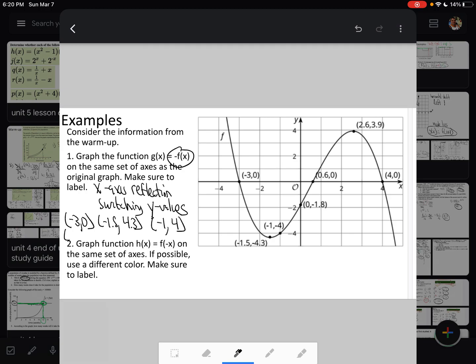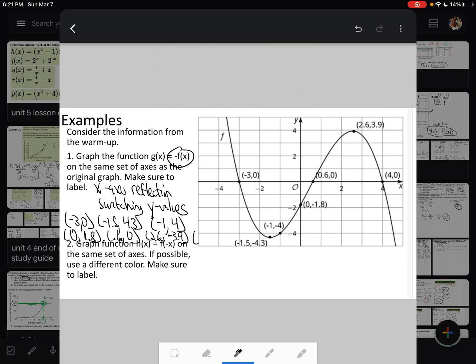The next one, we have 0, that stays the same. Negative 1.8 switches to positive 1.8. The next one, 0.6 stays the same, x value. Y value of 0 switches, but the opposite of 0 is 0. Next point, we have 2.6, comma, 3.9 is going to switch to negative 3.9.